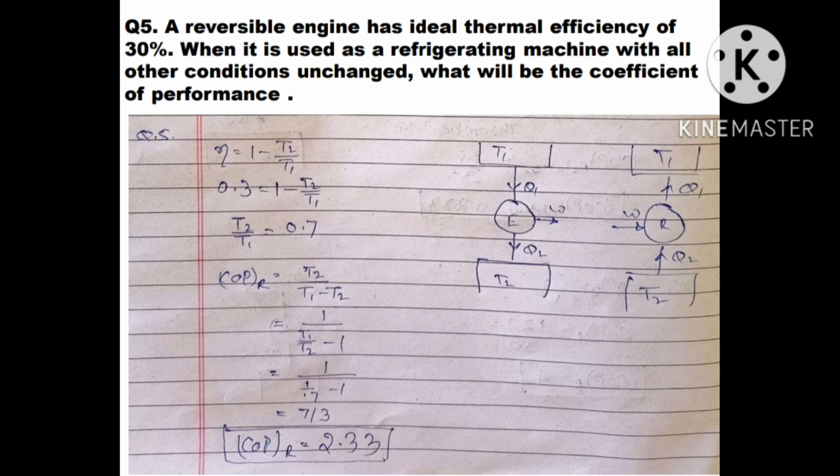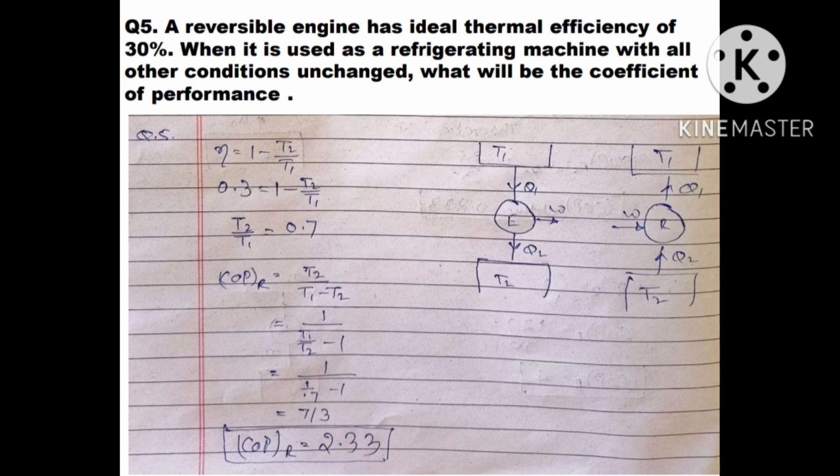When it is used as refrigerating machine with all other conditions unchanged, what will be the COP of performance? So the question is that efficiency of an engine is given as 30%, and you have to calculate the value of COP of refrigerator for same working conditions or same working temperatures.